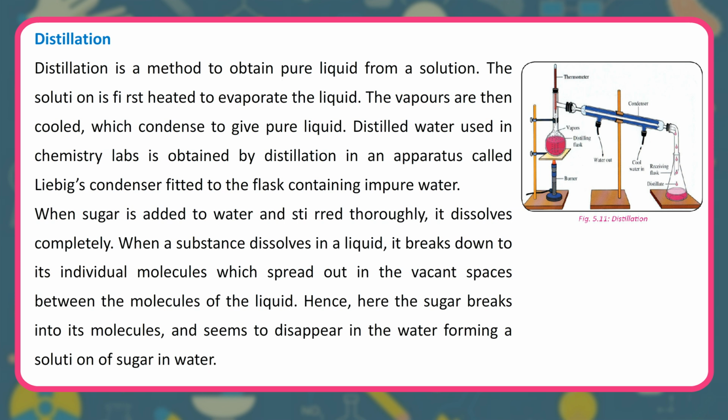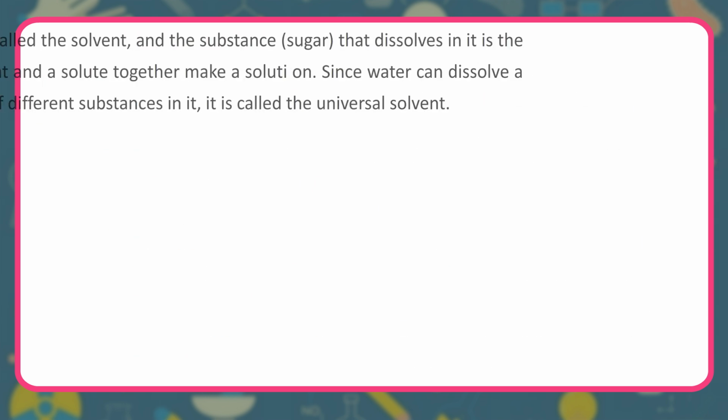When sugar is added to water and stirred thoroughly, it dissolves completely. When a substance dissolves in a liquid, it breaks down to its individual molecules which spread out in the vacant spaces between the molecules of the liquid. Hence, here the sugar breaks into its molecules and seems to disappear in the water, forming a solution of sugar in water.